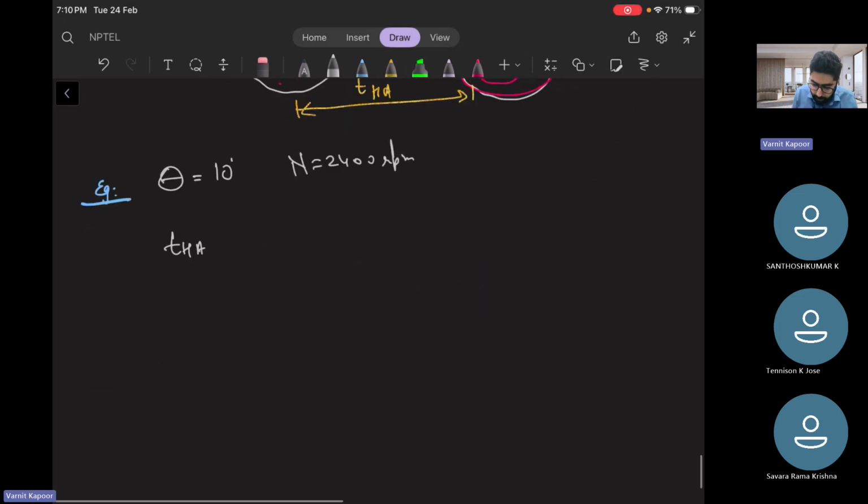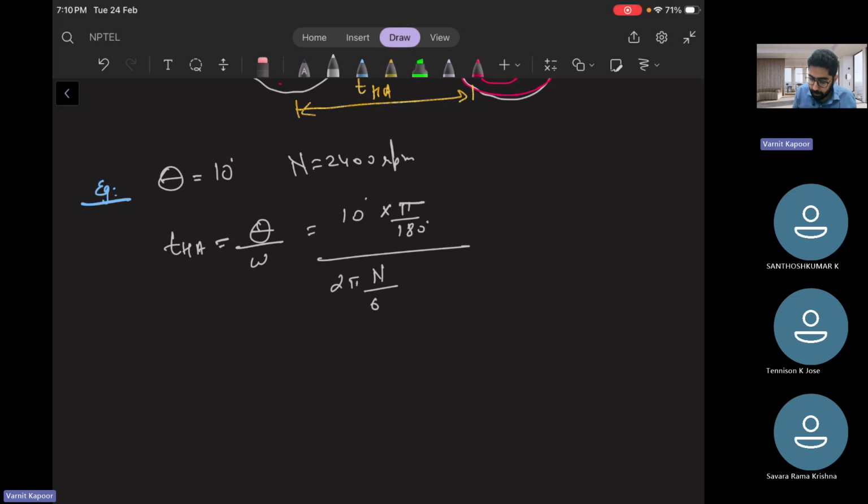Theta is 10 degrees, and in terms of radians it will be pi by 180, and omega is 2 pi n by 60, where n is 2400, so 2400 by 60. So it will come out to be 1 by 1440 seconds. So you can see how in a very small fraction of a second, in a millisecond, this scenario is happening. Sparking happened and the ignition of the fuel started.